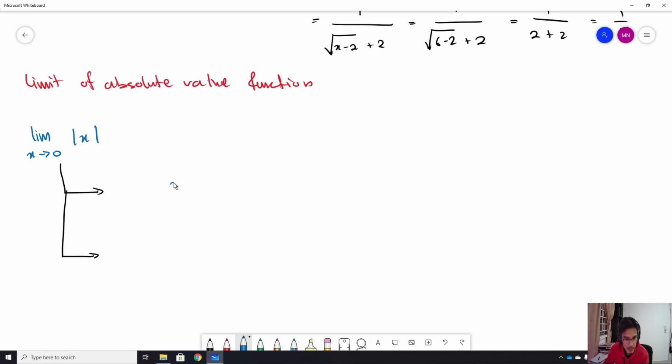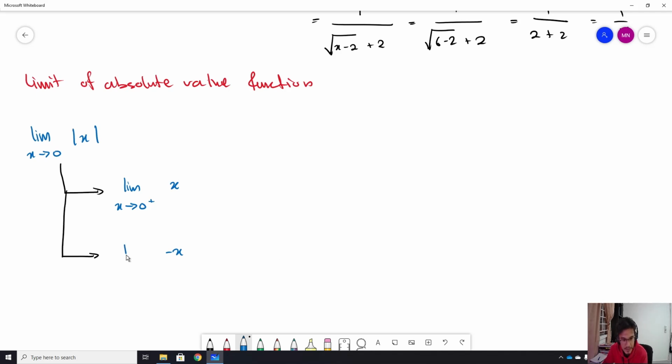One for positive x and another one for negative x. And for the positive x, the limit becomes x approaching 0 from the right side, because positive x is on the positive region. So that's why x is always approaching 0 from the right side.